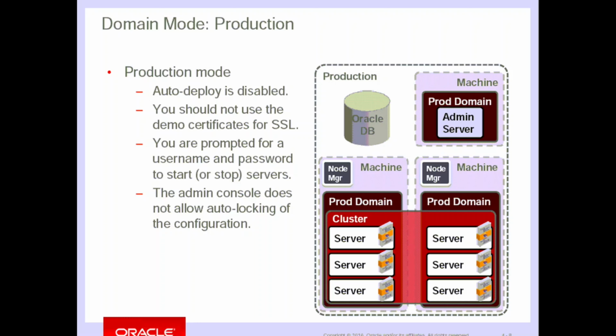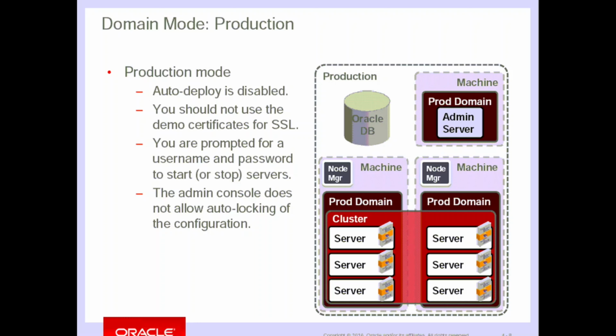So that we can plan accordingly for our requirements. If we are using SSL ports, then we can do the SSL configuration for a particular managed server or the admin server itself. When we start the admin server, it will prompt for the username and password. In development mode it will not prompt, but in production mode it will. So you need to pass the user ID and password when starting the admin server, though it can be defined later in boot.properties, and it will load the credentials from boot.properties. Also, the admin console does not allow auto locking of the configuration.